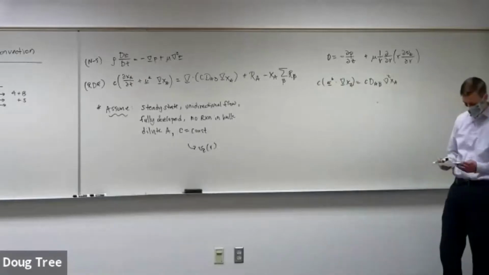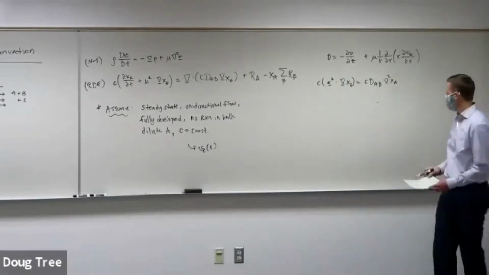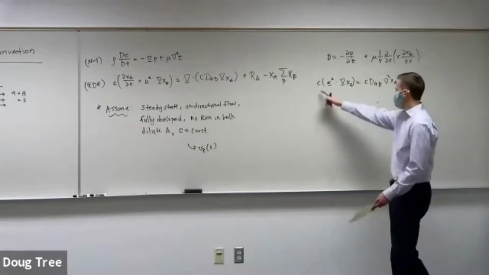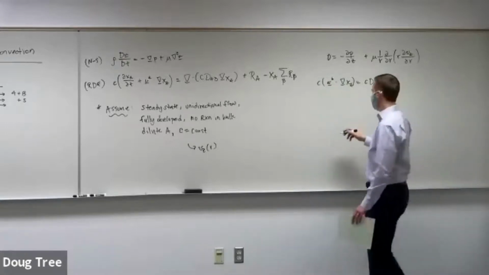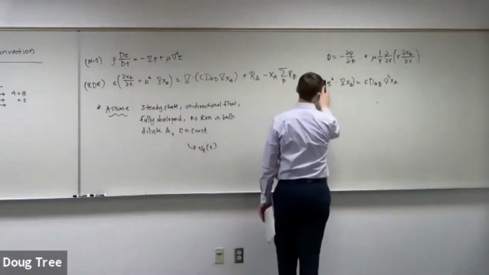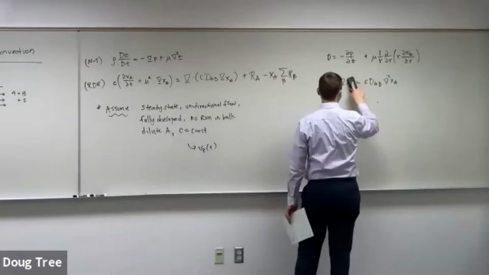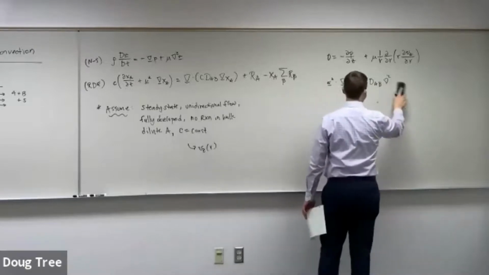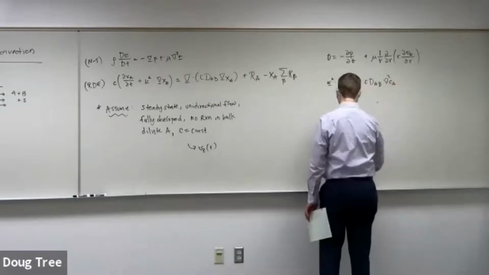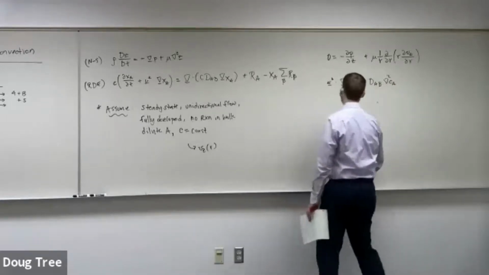I can pull the c in if I want. That'll make my life easier. So I'm just going to rewrite that here, but maybe you put that as a separate line in your notes. I'll put the CA right there, the CA right there, and drop the C right there.